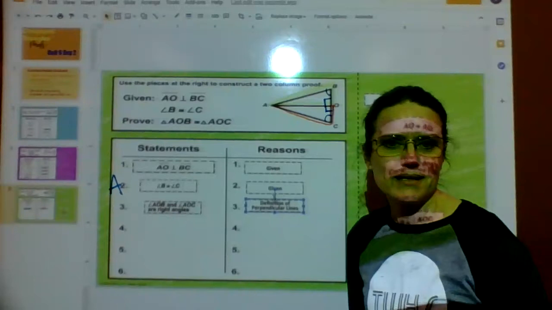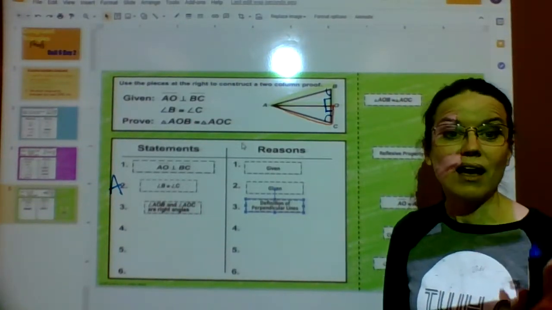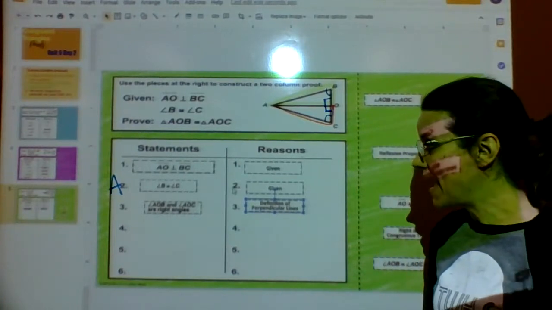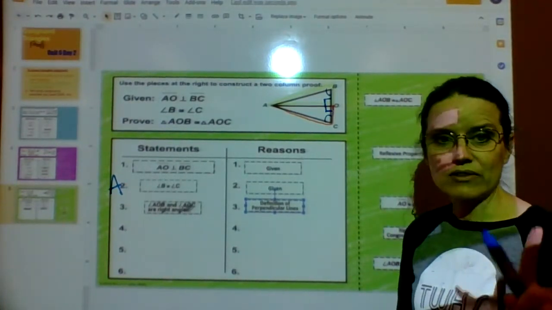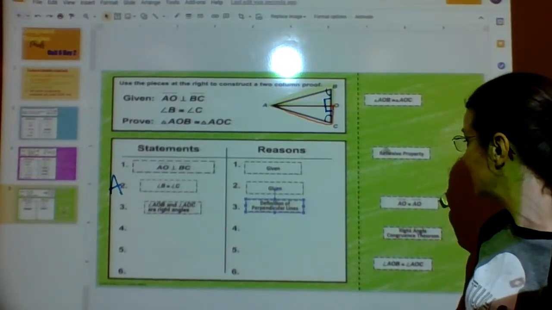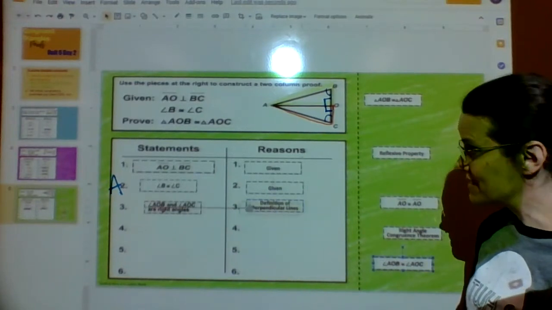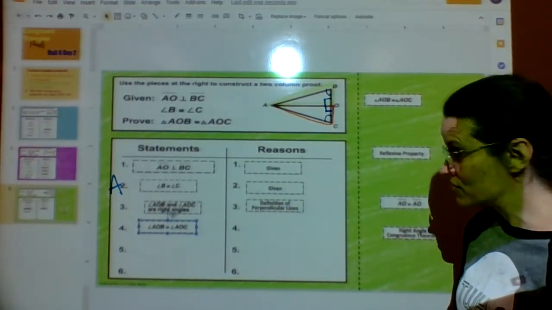Well, that didn't tell me anything was congruent, but I can say it in another step now, because now that I know they're right angles, I know that all right angles are going to be congruent because they're all 90 degrees. So I can say that they are congruent because right angles are always congruent.